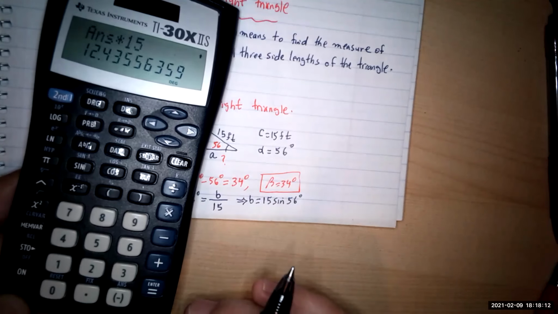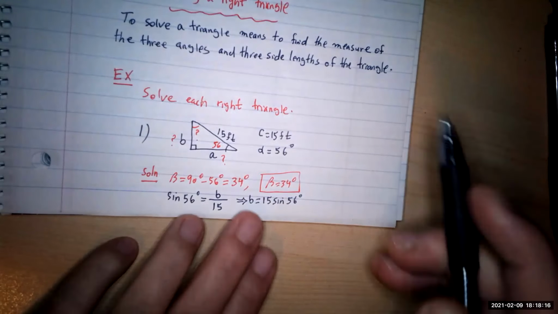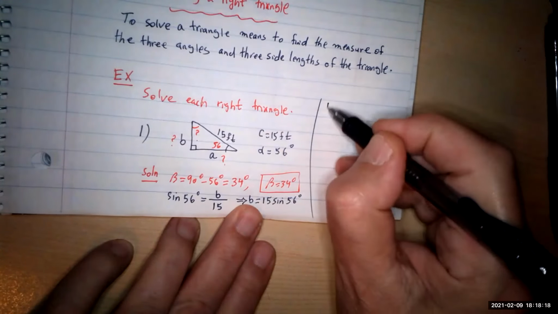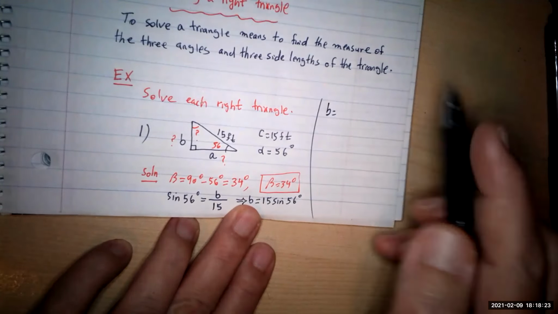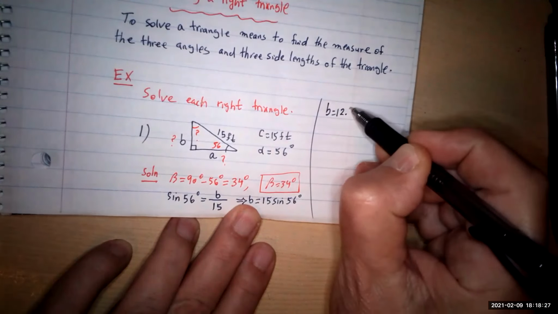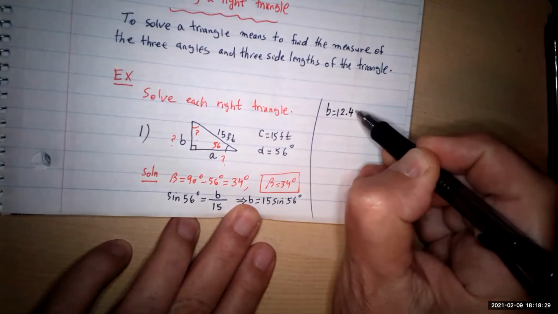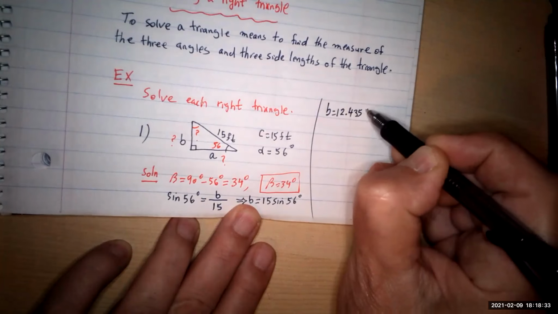I write it down so as to explain something. You see this B with the calculator is going to be 12 point 4, 3, for example, 5, 5, 6.